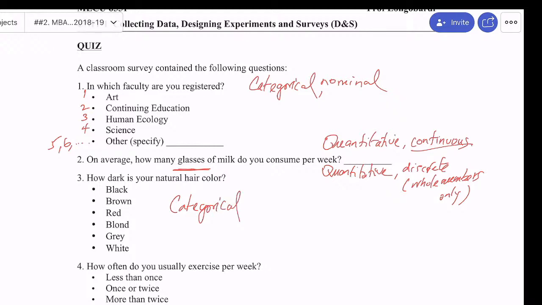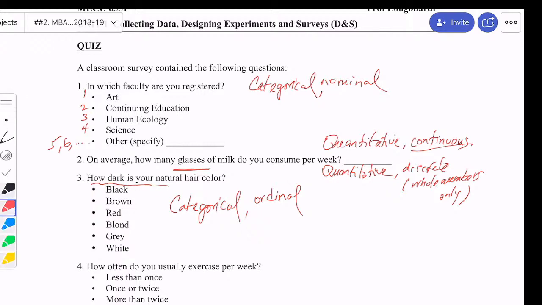And people who fall into the black or brown or red, they're just identifying with a category. But the way that the question is asked for the subtype, how dark, there's extra information. You might not have noticed, but you're not giving the best answer if you say that this is categorical nominal. The best answer would be categorical ordinal, since I should be able to capture the darkness of the hair.